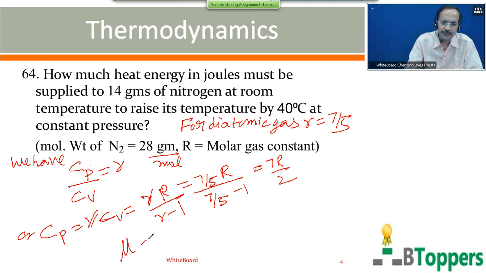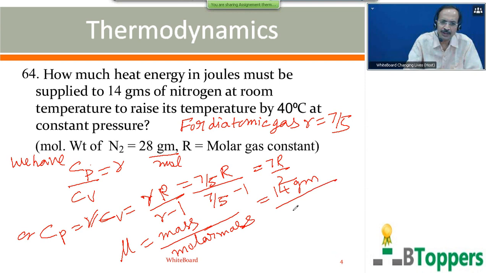Number of moles of the gas is equal to mass of the gas by molar mass. Mass is 14 grams. The molar mass is 28 gram per mole.